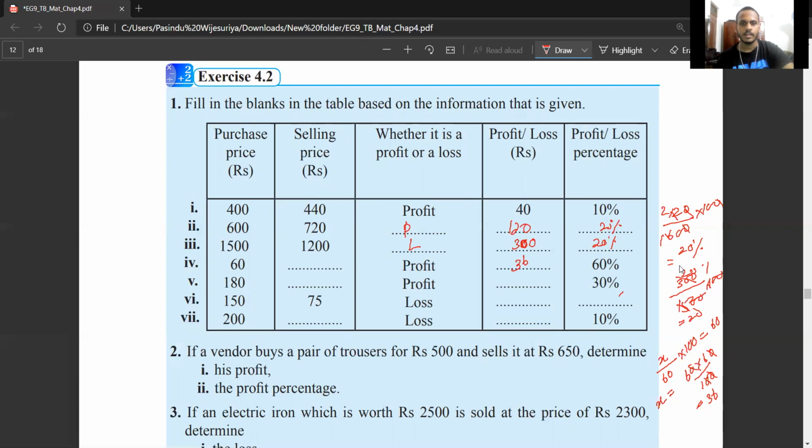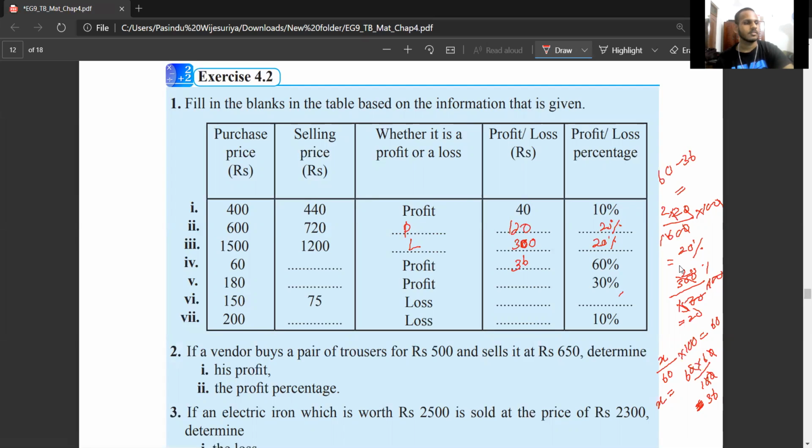So to find the selling price is, wait, this is actually, yes, so if this is 60%, this 36 is the loss. So what you have to do is 60 minus 36 is the initial value.